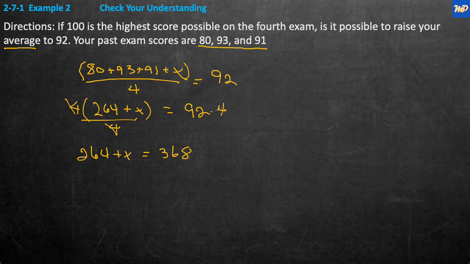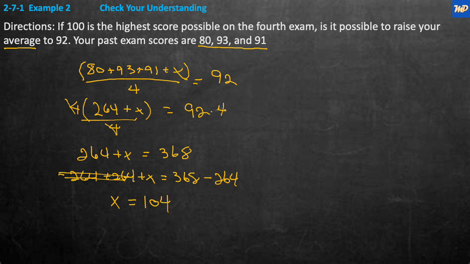To do that, we're going to use the subtraction property of equality. So we're going to subtract 264 from both sides: 264 plus x minus 264, and that equals 368 minus 264. Then these two are going to cancel, and we're going to have x is equal to what? 104.